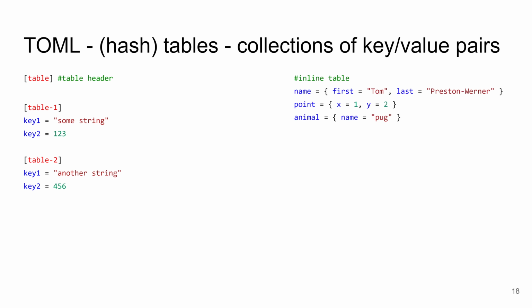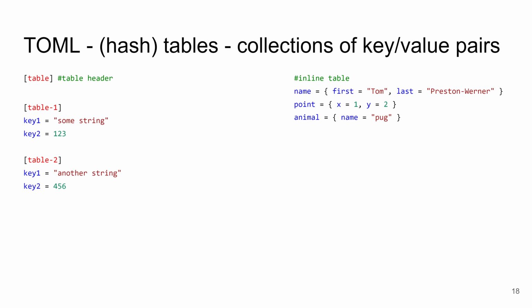There is an alternative syntax for tables in TOML called inline tables. And this may remind you of a JSON object. This is really intended for tables that can fit a single line, so that they do not waste too much space, and so that they are more readable. But it is just an alternative syntax. It actually means the same thing. It is the same structure as what you can see on the left side of the slide.